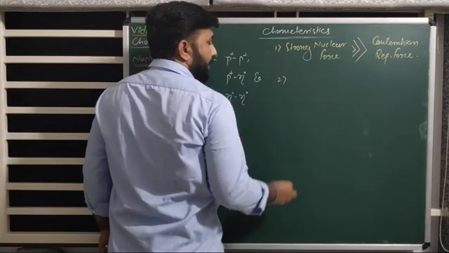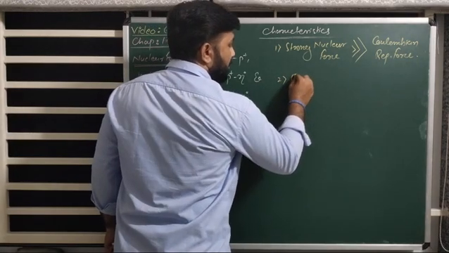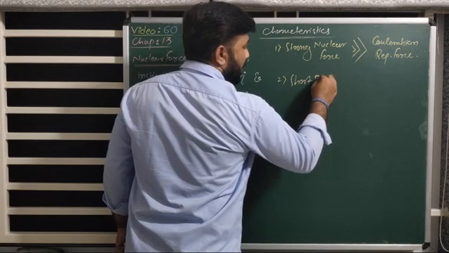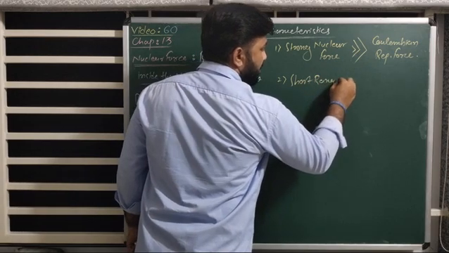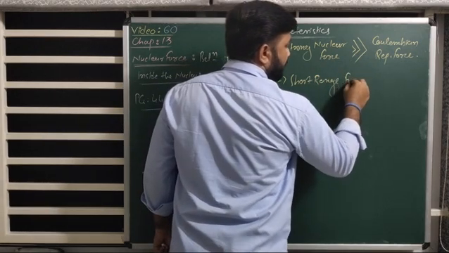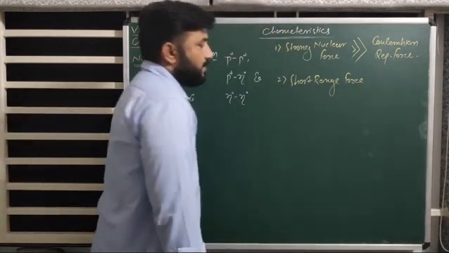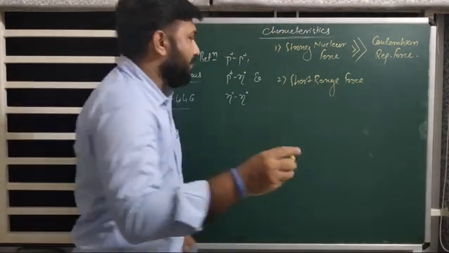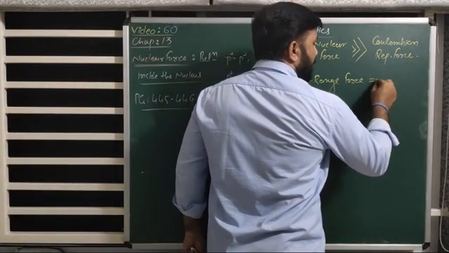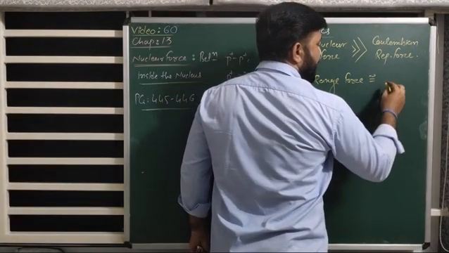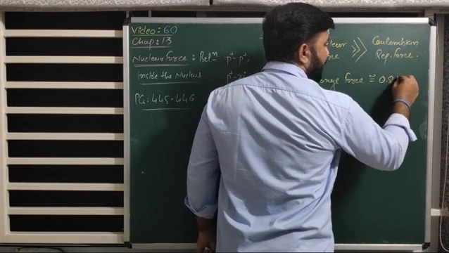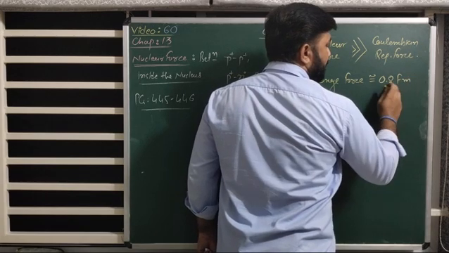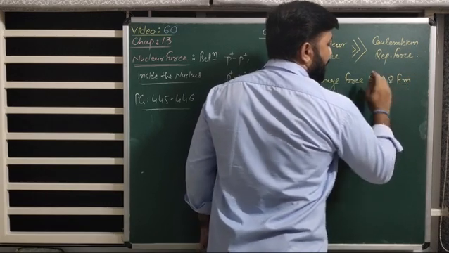Second one, it is short range. Distance is very small, and that short range force, how much it is? Nearby 0.8 FM, that is Fermi-meter.